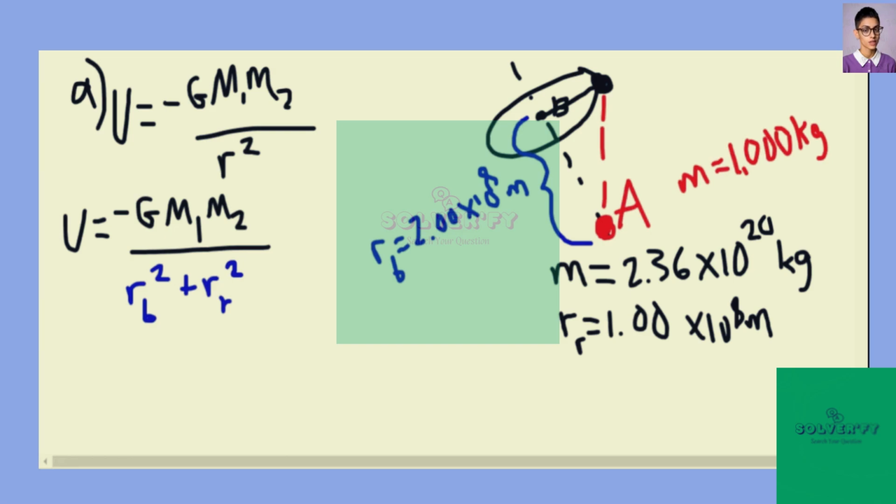So negative 6.67 times 10 to the negative 11th power times 2.36 times 10 to the 20th power times 1,000, divided by 1 times 10 to the 8th power squared plus 2 times 10 to the 8th power squared.